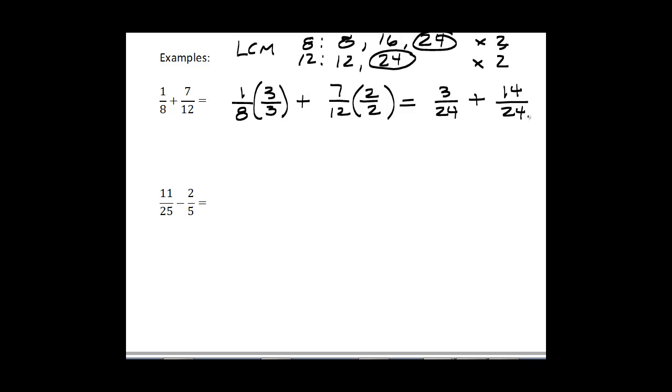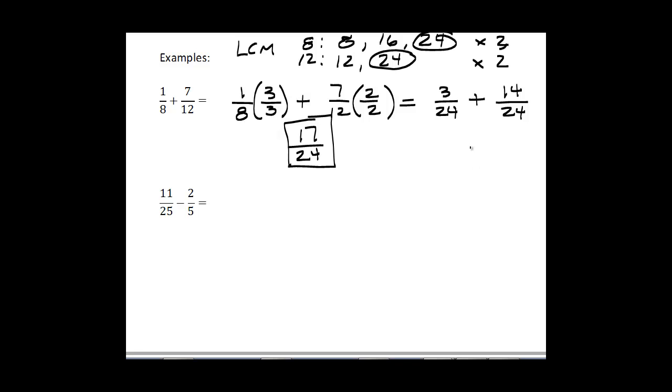We found a common denominator, and we're going to add our numerators. 3 plus 14 is 17. 17 over 24. Now 17 is prime, and since 17 is not a factor of 24, we can't reduce this any further, and so we're done. And the answer to 1/8 plus 7/12 is 17/24.